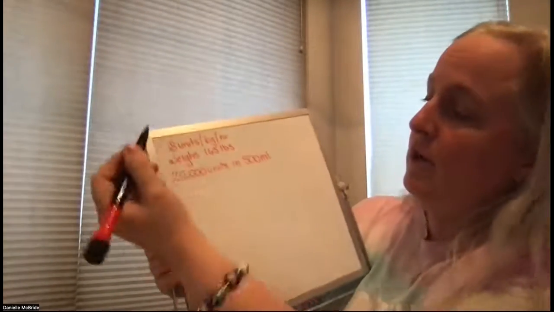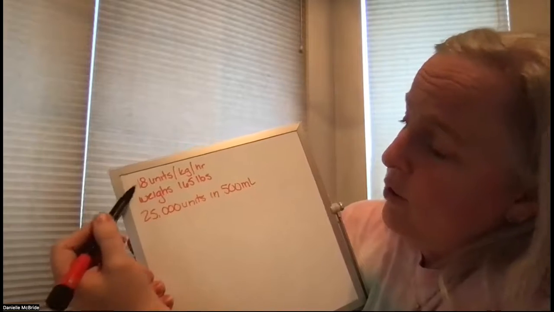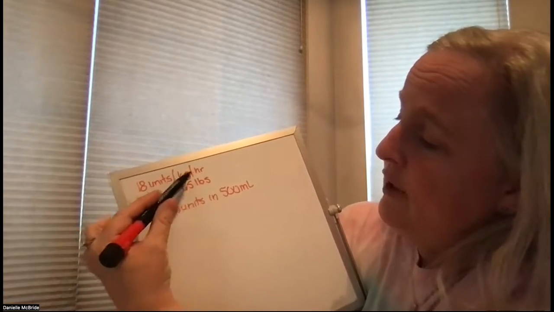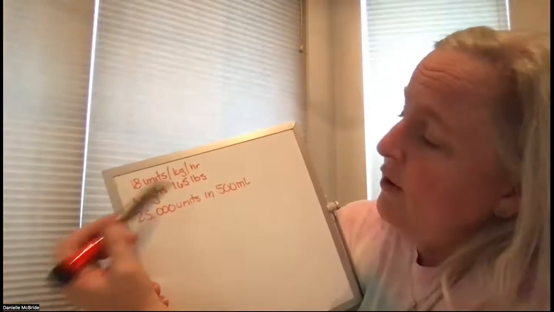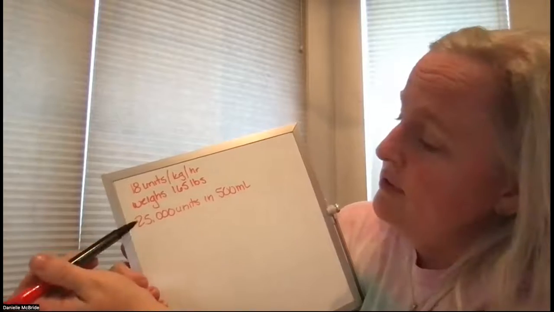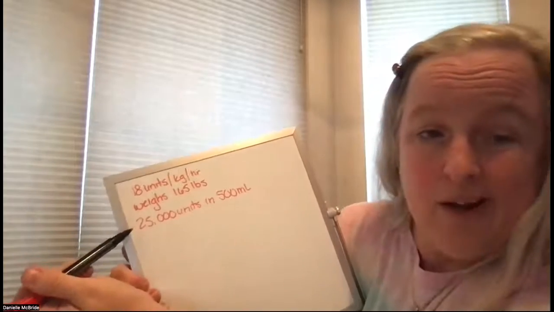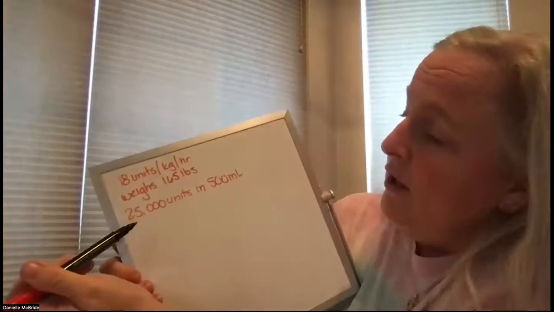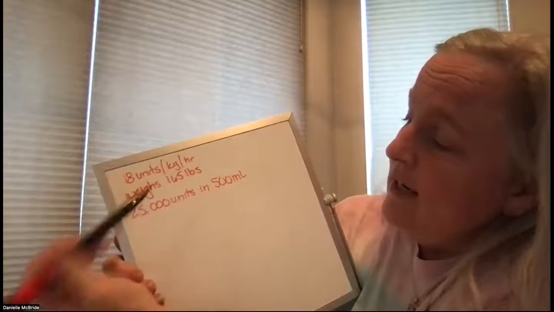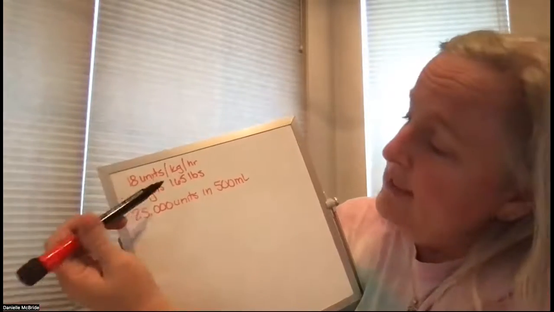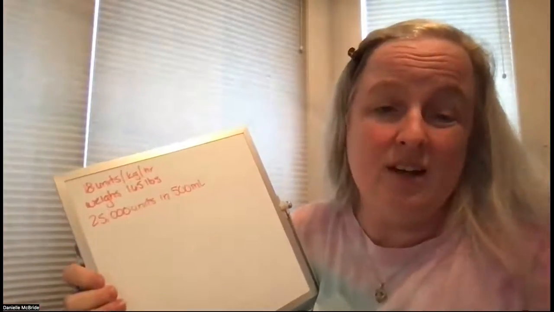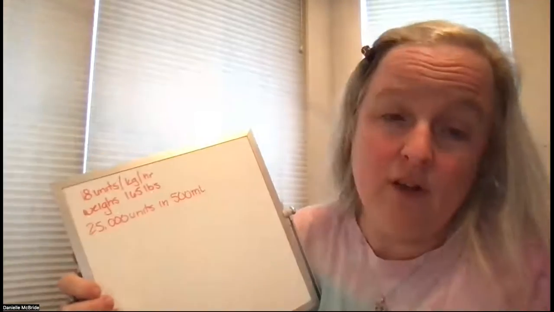All right. So here's what we know. Our order is for 18 units per kilo per hour. We know that he weighs 165 pounds and we know what we have on hand. Since I didn't write down his kilos, we're going to figure it out, because most often, guys, it's going to tell you pounds and make you figure it out.